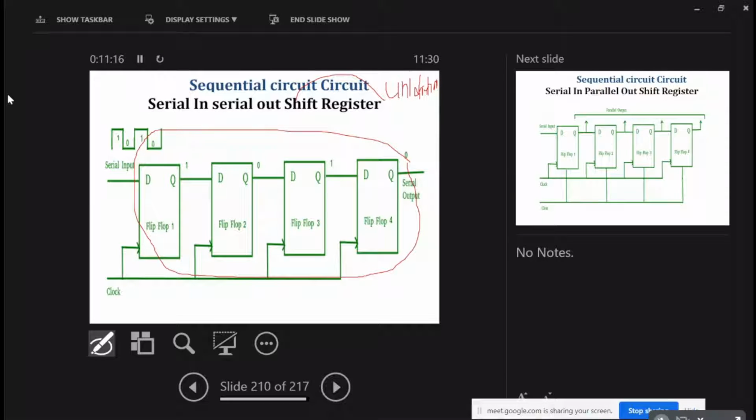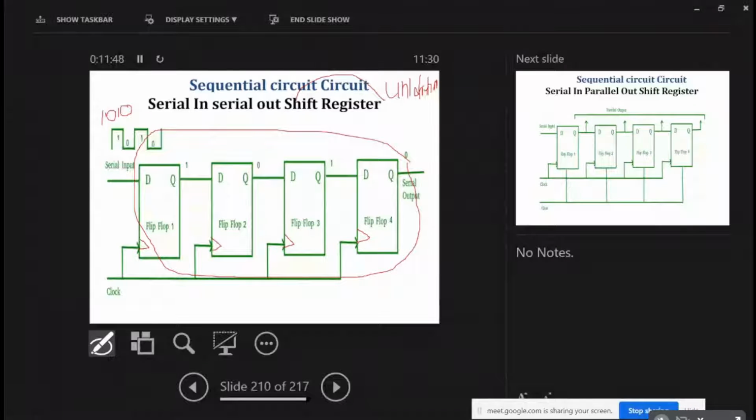The information is 1010. We want this information to get inside the register. This is a 4-bit register because 4-bit information is there. If we include this symbol inside the flip flop, it will behave as a positive edge triggered flip flop.